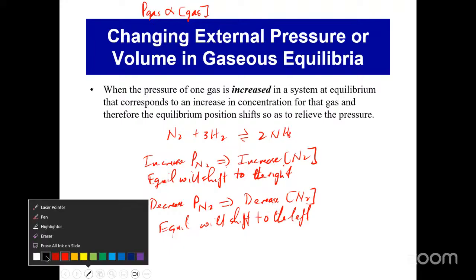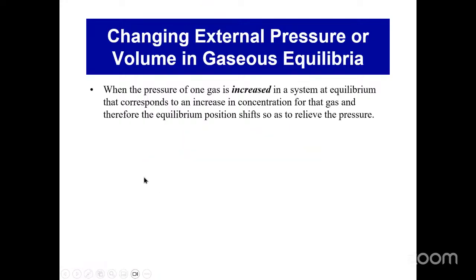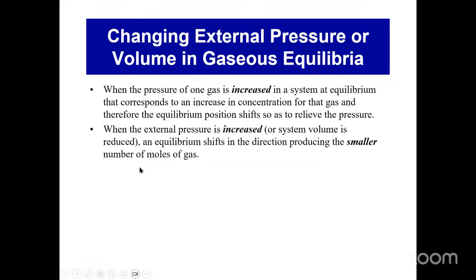Now, what will be the case when you change the total pressure? Well, Le Chatelier's principle will apply. If you change the total pressure of the system, then the system will respond by doing the opposite of the change that you're imposing on the system. Now, how do we predict the direction of the shift? Well, it's right here in the statement.